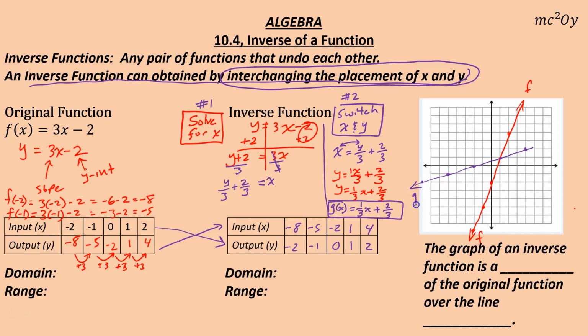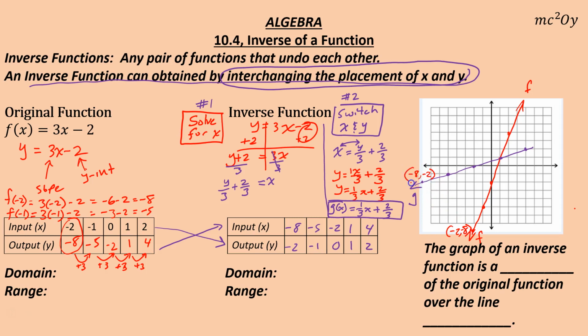Now I leave it short just for a second because I want to point something out here. If I didn't have a table and I just had a graph, note you have these same points right here, like (-2, -8). That point is right here. And you could still find its corresponding inverse point by switching x and y. So the inverse would be (-8, -2). Well, that point is right here.